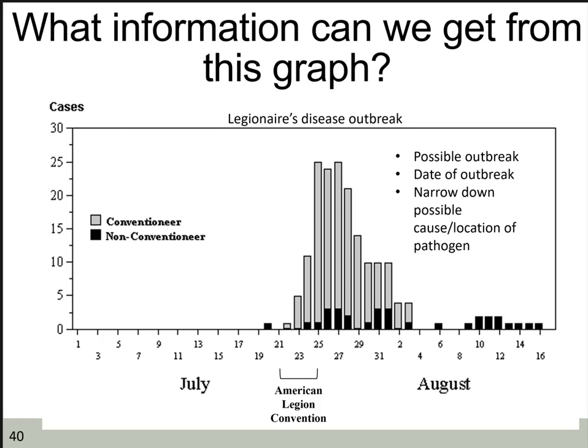And so epidemiologists were able to determine that the microbe was being transmitted from the contaminated water in the water towers to these elderly men. And there were some cases from people who are not associated with the convention, and those were other people who were staying at that particular hotel or that came in direct contact with these men who were also elderly.